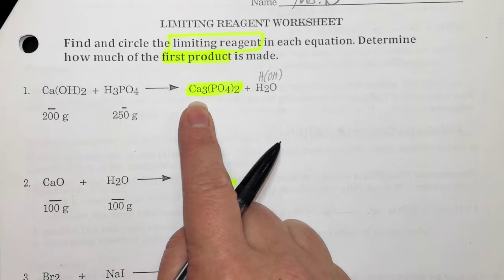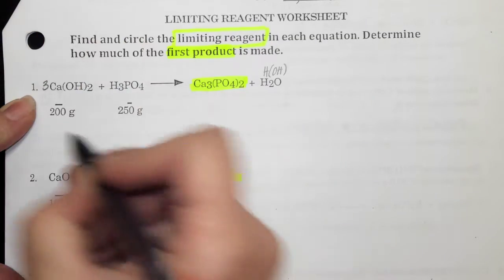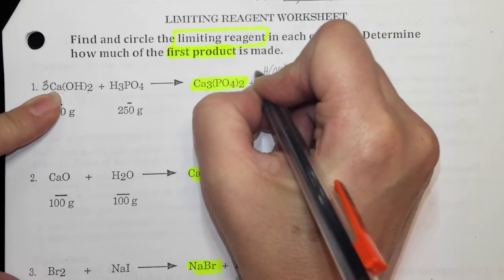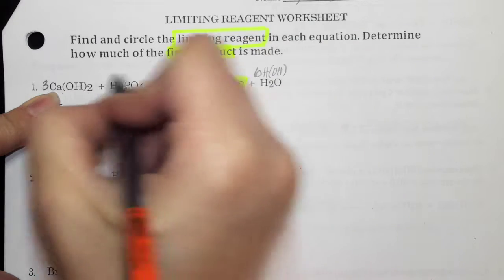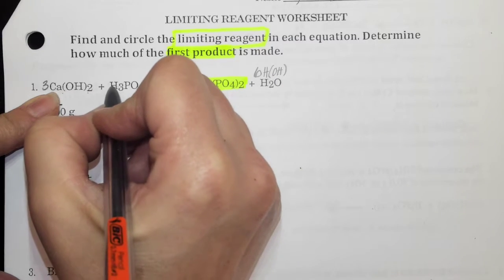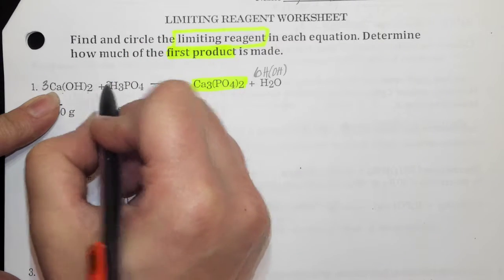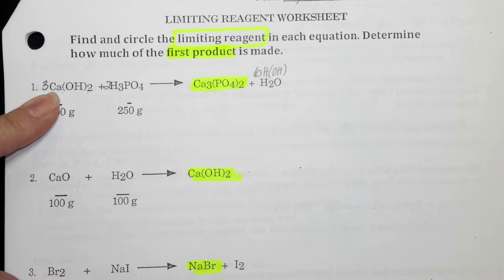Well, should we just start there? 3 calciums. This gives me 3 calciums and 6 hydroxides, so let's put a 6 hydroxides. This gives me 6 hydrogens, but here I only have 3, so what should I place in front of here? 2. Okay, that gives me 6 hydrogens and 2 PO4s, and I have 2 PO4s, so I'm balanced.